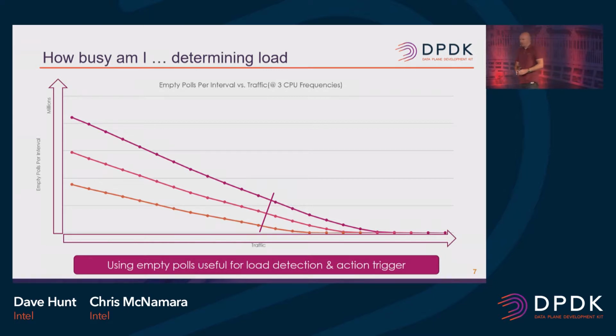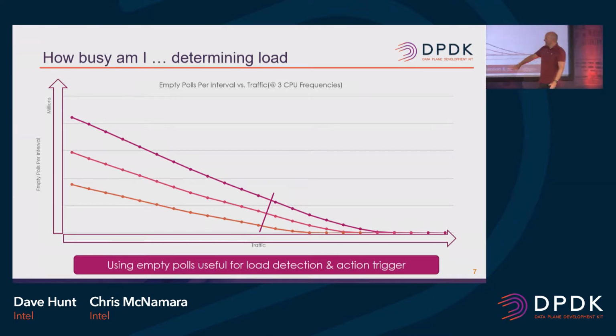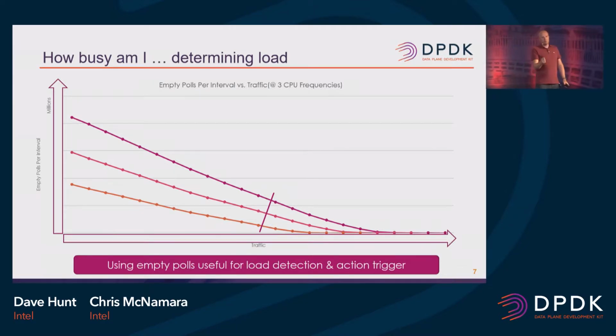So for us, what it meant is, if you start looking at this from an empty poll perspective with a threshold, you can start thinking about how, as the number of empty polls trends towards 0, you could make an energy efficiency decision based on that. Okay?